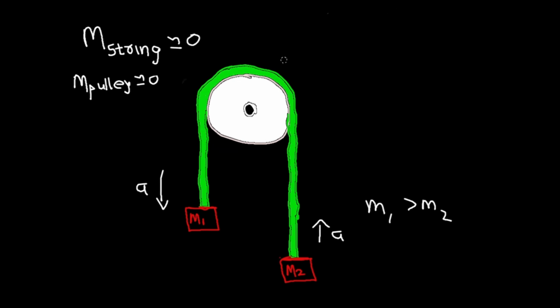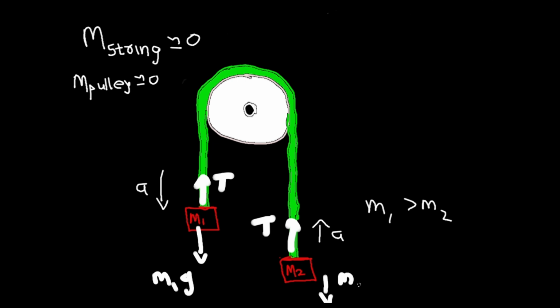By using all these concepts, we can see that M1 has an upward force of T, that is the tension force, and M2 also has an upward force T. In the case of M1, there will be M1g in the downward direction, and in the case of M2, there will be M2g in the downward direction.